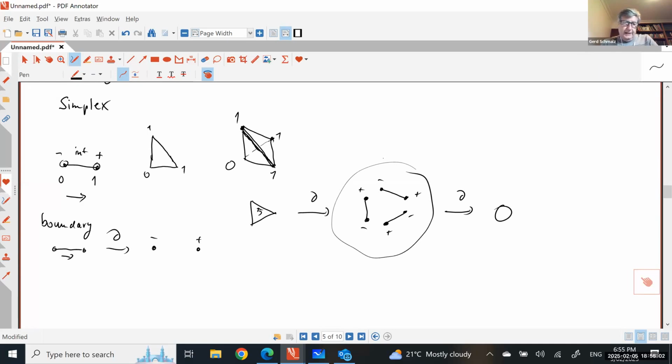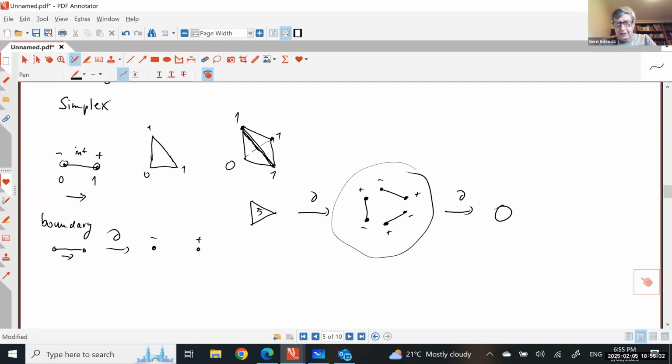We can scale them with positive integers, so just taking two copies of the same simplex. We can also scale them by negative integers. Negative integer means we change the orientation. And if we really want, we can also take rational or even real or complex combinations.